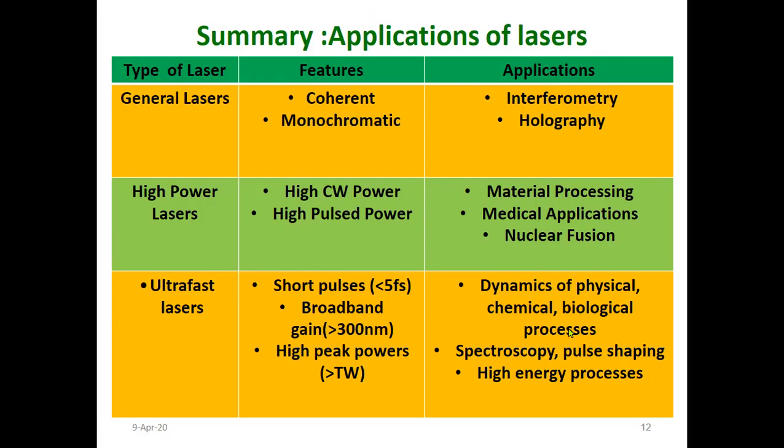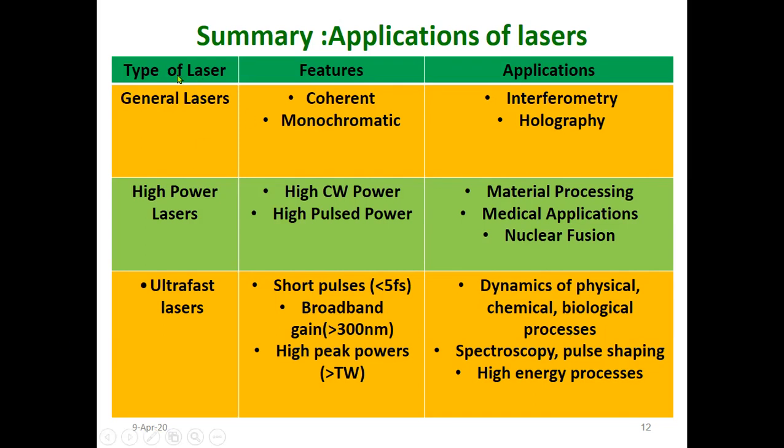So in summary, lasers are of different types, and they have different features, and based on their types or their feature characteristics, they find applications. If we categorize the lasers into general laser, high power laser, and ultra fast laser, then the features are different.